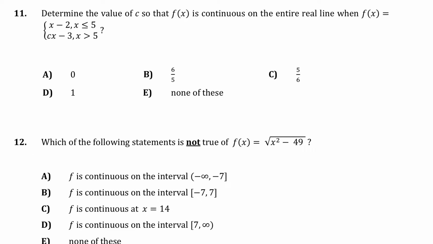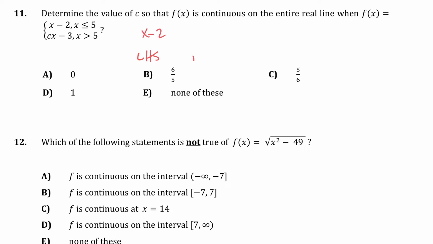So when it's less than or equal to 5, that's coming from the left-hand side, and when it's greater than 5, that's coming from the right-hand side. So on the left-hand side, we've got our x minus 2.